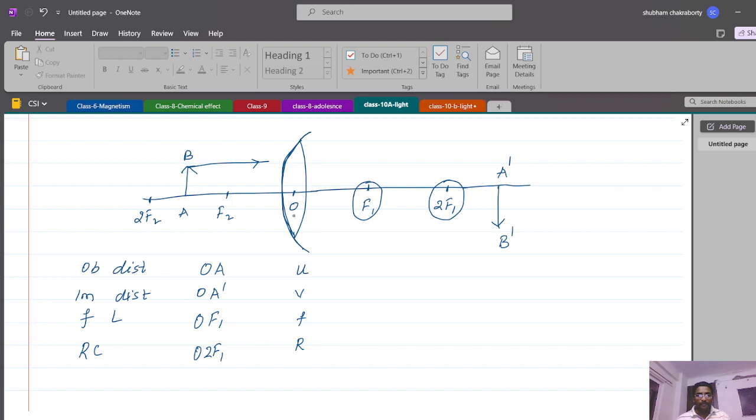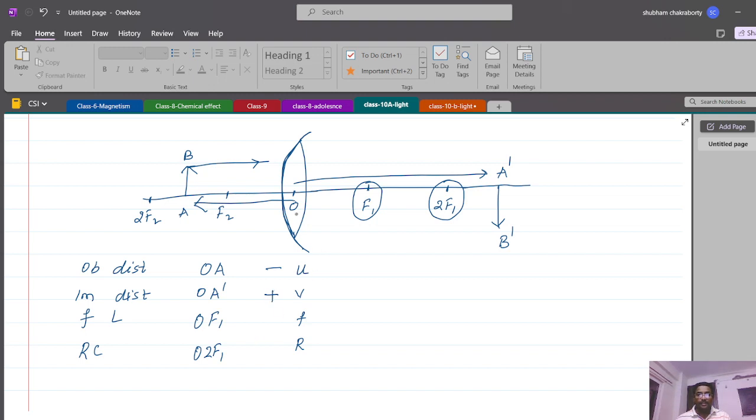OA, I'm going from O towards A. You can see the arrow directions are opposite, hence it is negative. Image distance, it's OA dash. From O, I'm going towards A dash. This arrow and the incident ray arrow are in the same direction, hence it is positive.